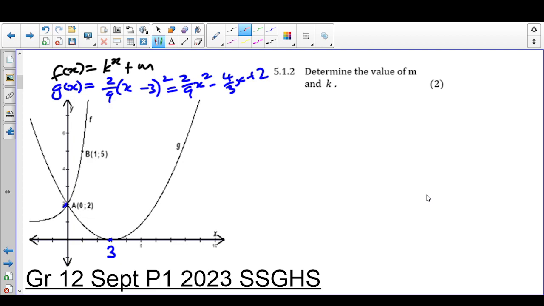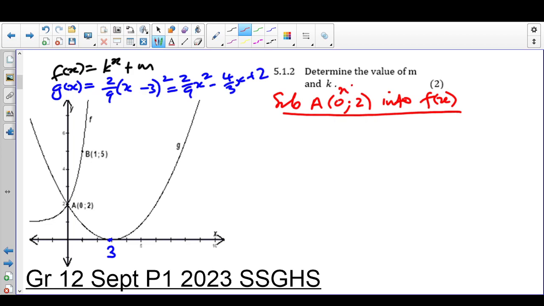We have 2 points on that exponential graph, which are A and B. Normally we substitute what's on the y-axis first, so we'll substitute A, which is 0 and 2, into f of x, remembering that's x and a y. So what do we have? 2 is equal to k to the 0 plus m. So m works out to be 1. Anything to the power 0 is 1, and 2 minus 1 is 1.